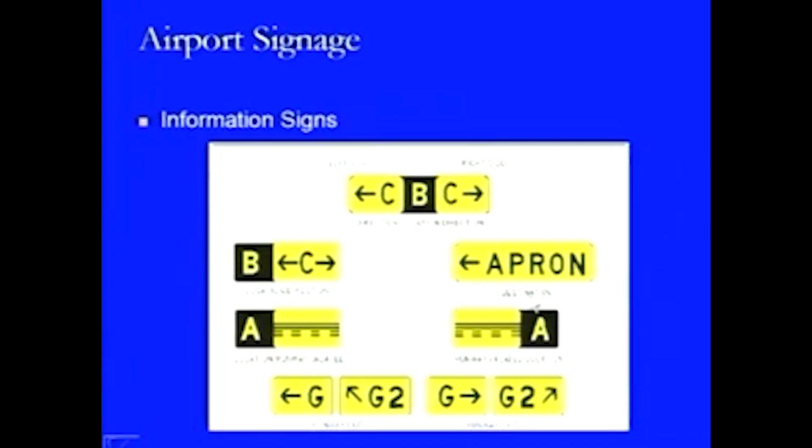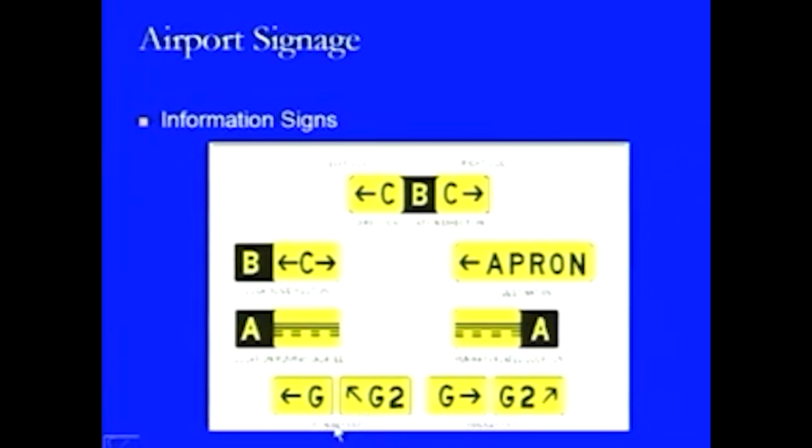Then this is for the destination, showing that the apron is towards this side. Here it shows the location, and that there is a vacated runway, or similarly this may be the other way round.